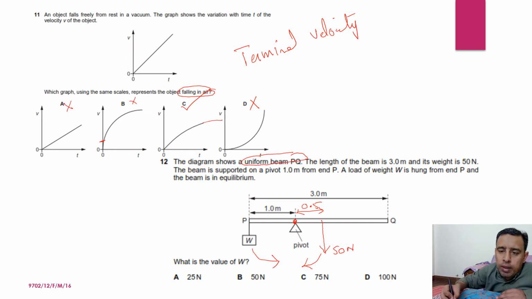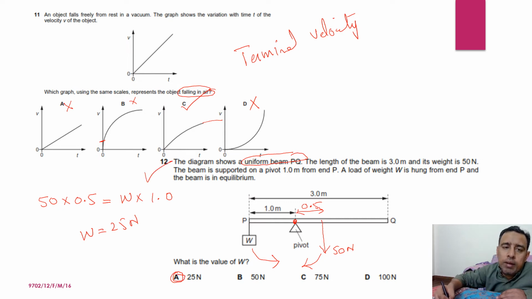So we may write it as 50 Newton force multiplied with the moment arm, this is 0.5, is equal to the force W which is required multiplied with the moment arm 1.0. So the W is 25 Newton. That's why option A is correct. We have done these two questions. Moving toward question number 13.